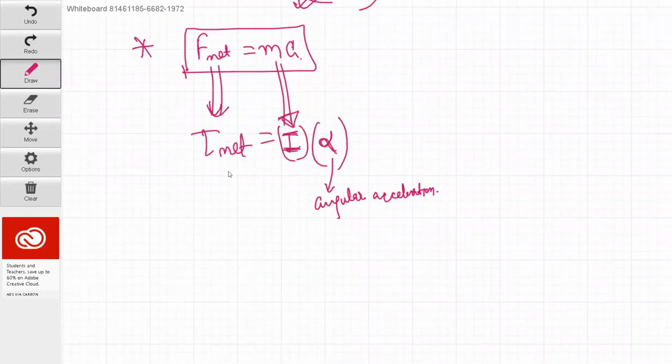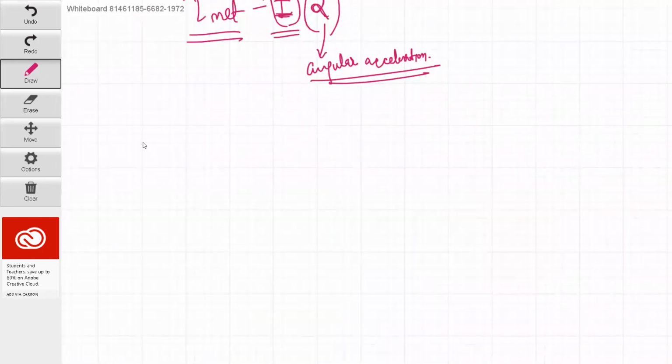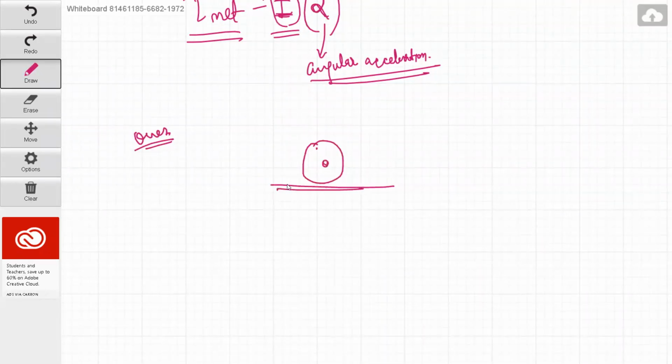So net torque will be equal to moment of inertia into alpha. Alpha will be the angular acceleration. Is this okay? So how will you calculate alpha? Now, suppose I'm giving you an example. This is the disk which is rotating about this axis.